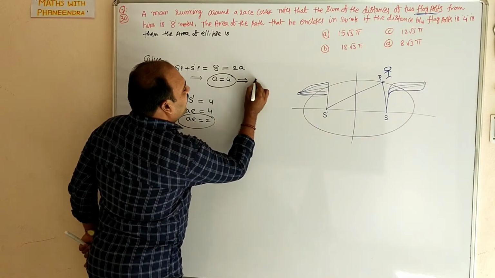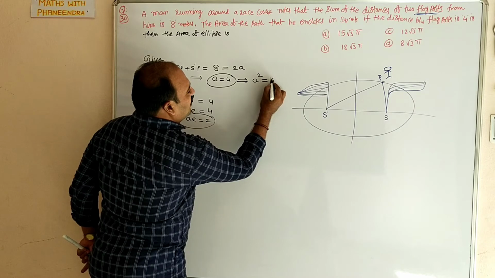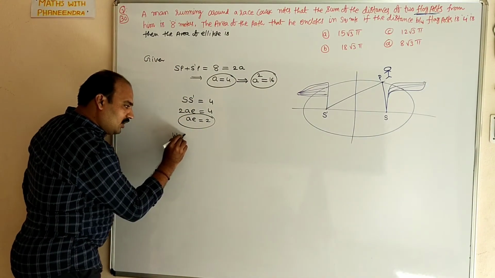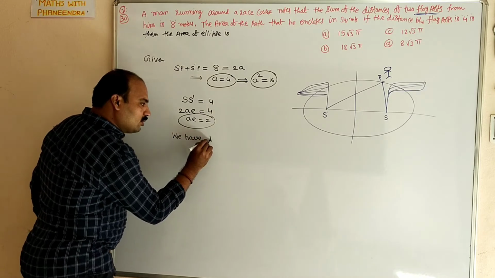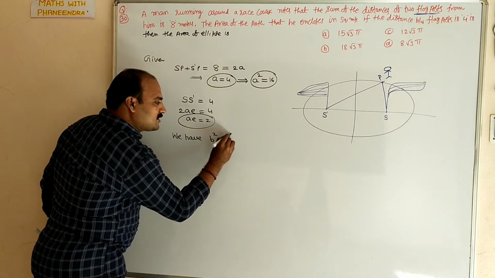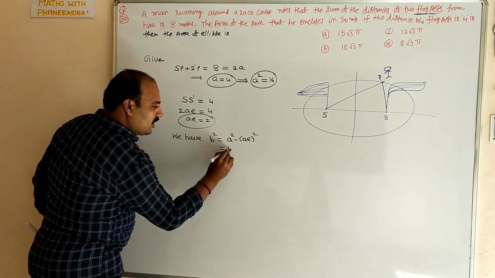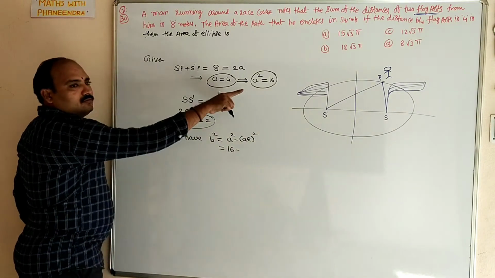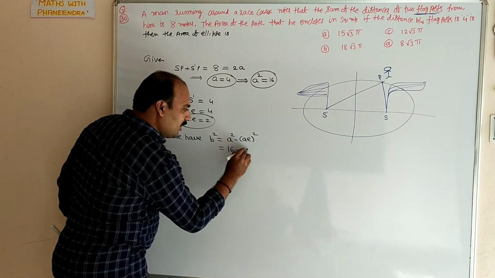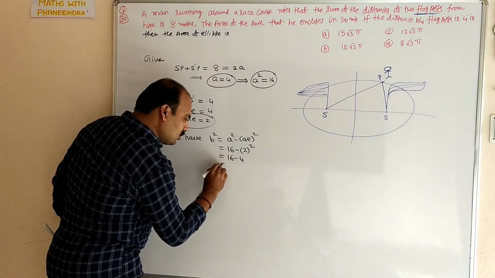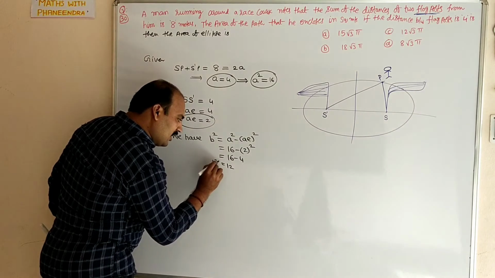A square is equal to 16. B square, we have the formula B square equal to A square minus AE whole square. So A square value 16 and AE value 2 square, which is 16 minus 4, equal to 12. So B square value is 12.